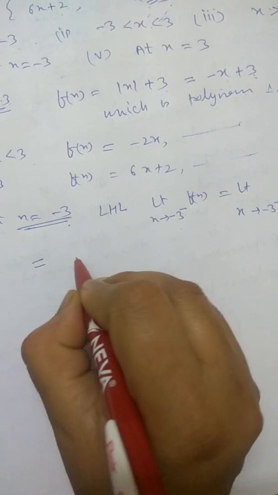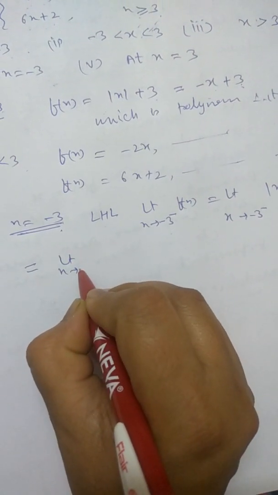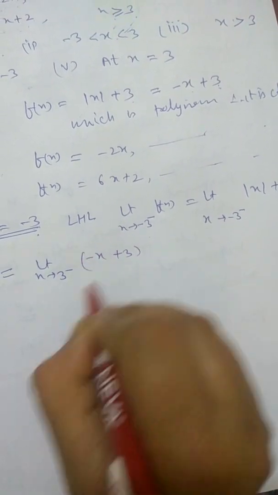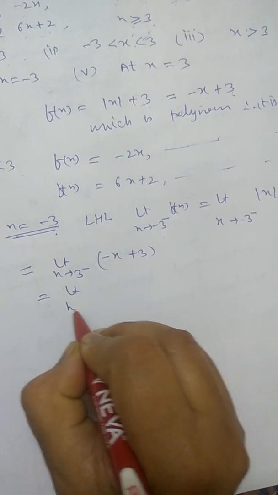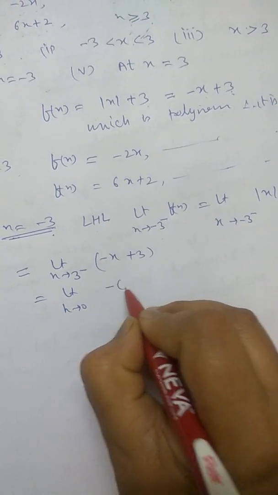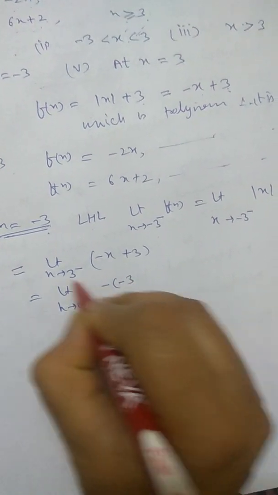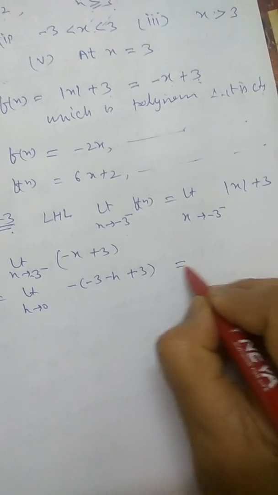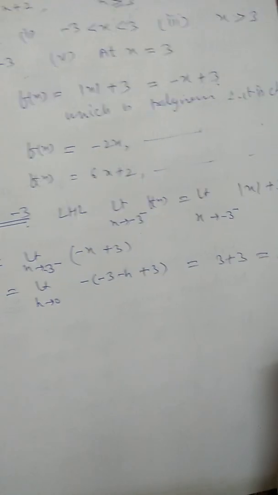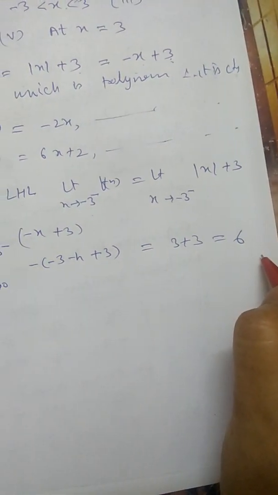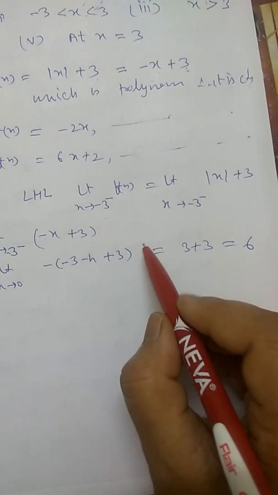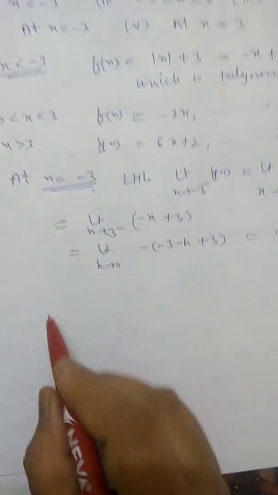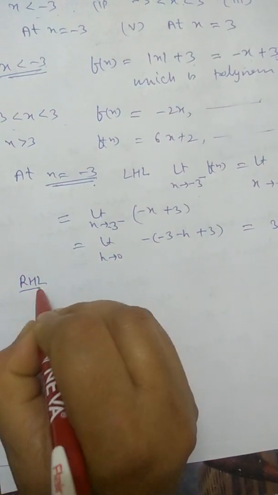That means you can write this as limit x tends to minus 3 negative of minus (x plus 3), and then limit h tends to 0 of minus (minus 3 minus h plus 3), that is equal to 3 plus 3 is equal to 6. Is it clear? That is the same way we have done the left hand limit earlier.